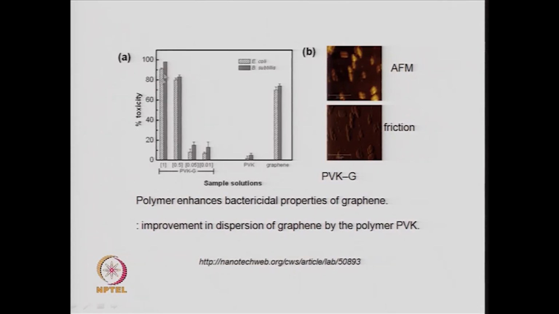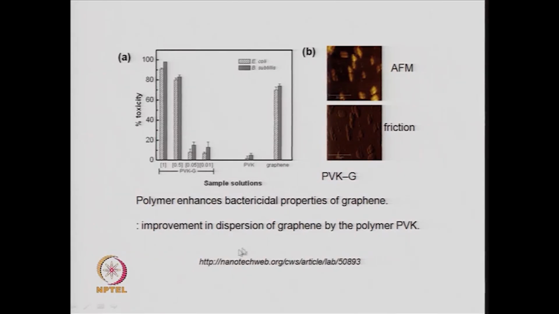That means this mixture 1 of PVK, that is the polymer, and graphene is 97% toxic, which is higher than pure graphene, which is like 70% toxic. So, that toxicity towards these microbes has been enhanced when you mix graphene and PVK together. Individually, PVK is a very poor material, the polymer is not toxic to these, and graphene is toxic, but with a toxicity level of around 70%.